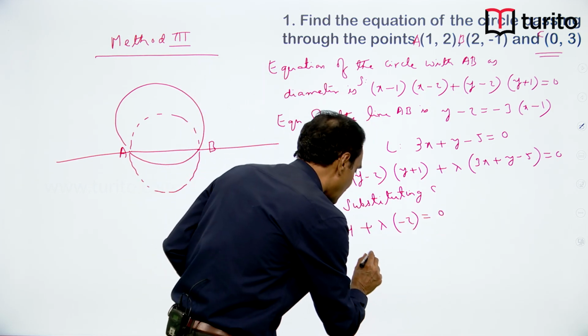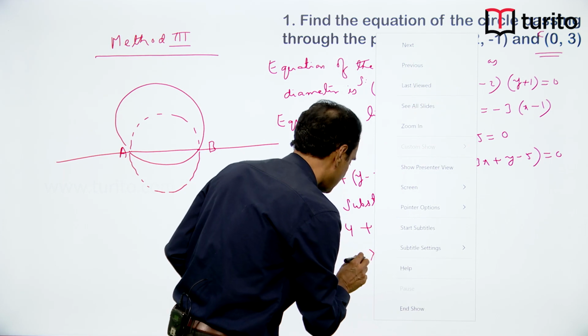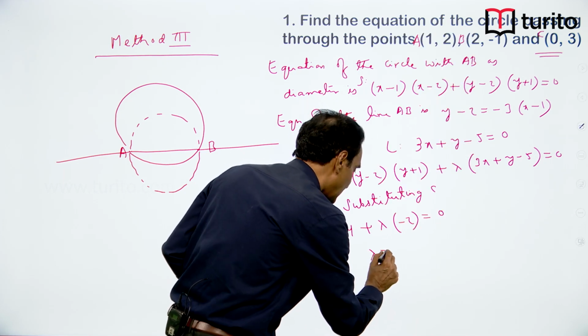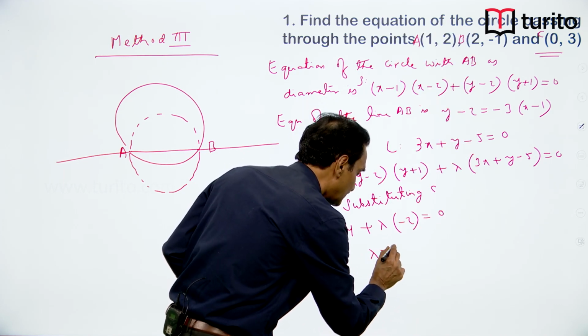Then what is the value of lambda? Lambda will be 3.